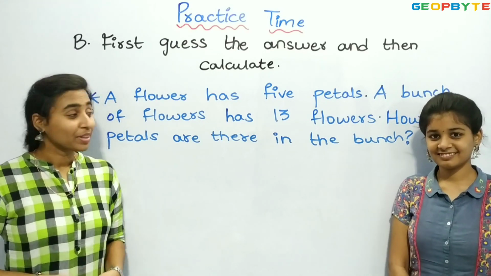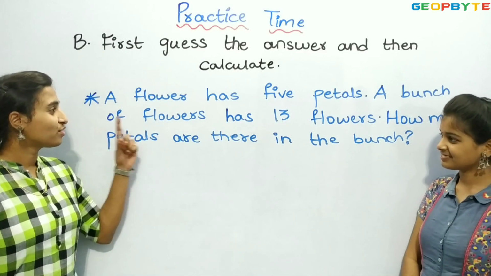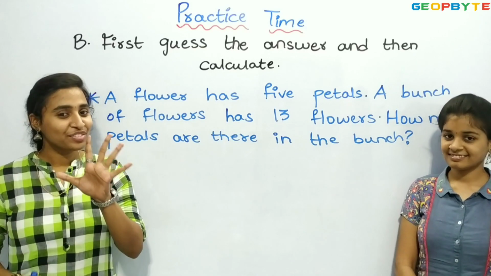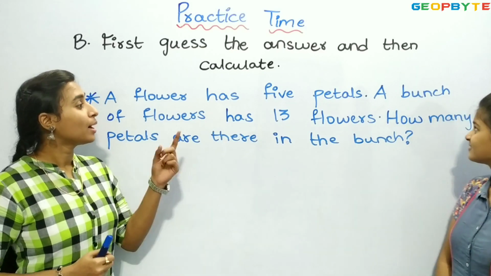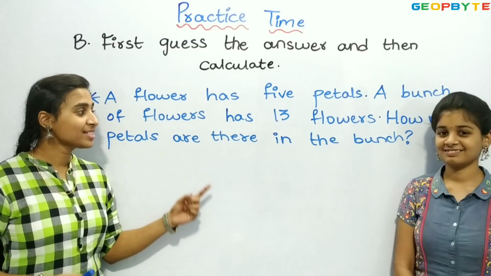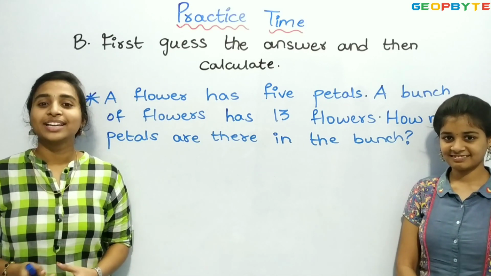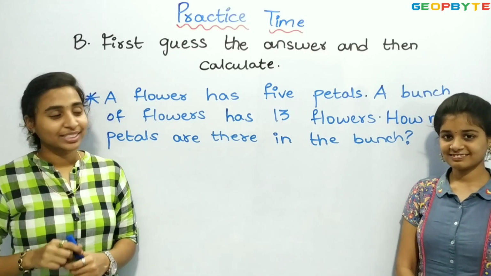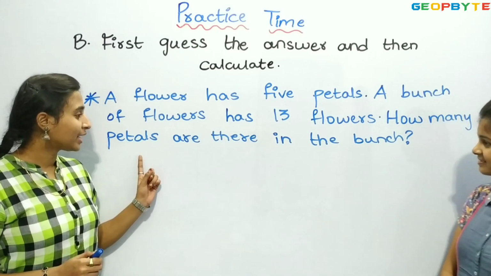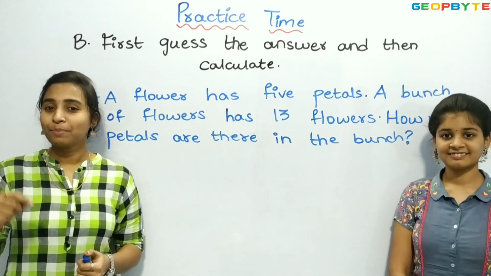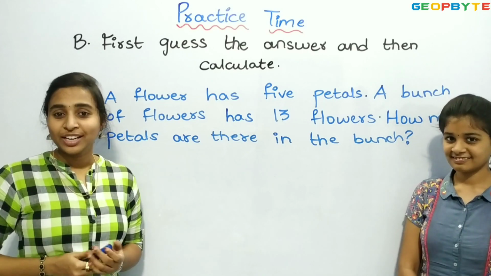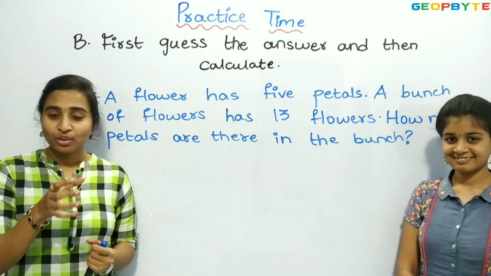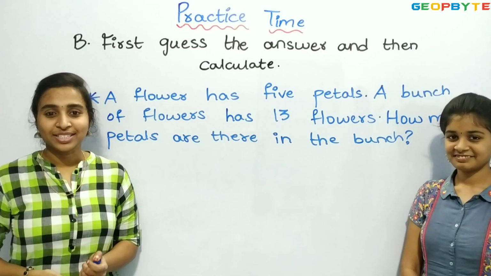Children, see, the given question is a flower has 5 petals and a bunch of flowers has 13 flowers. That is, in a bunch of flowers, we have 13 flowers, right? So, how many petals are there in the bunch? We need to find how many petals are there in that bunch of 13 flowers.